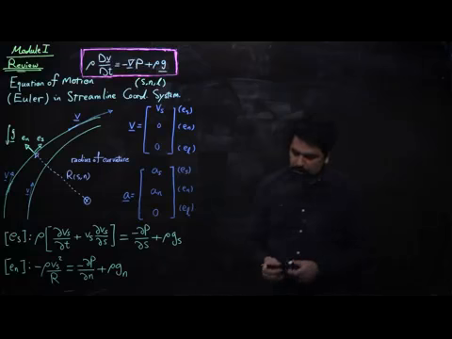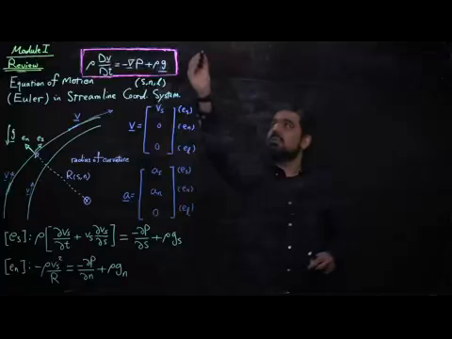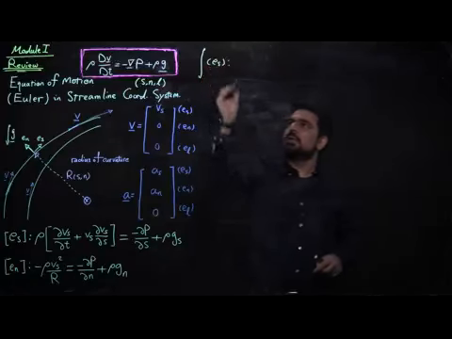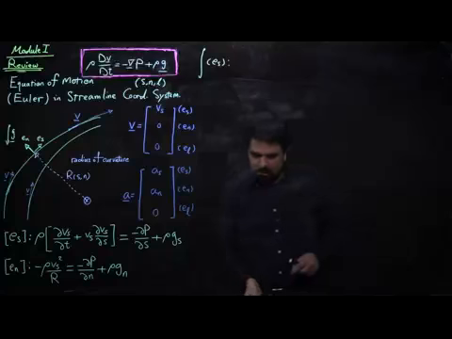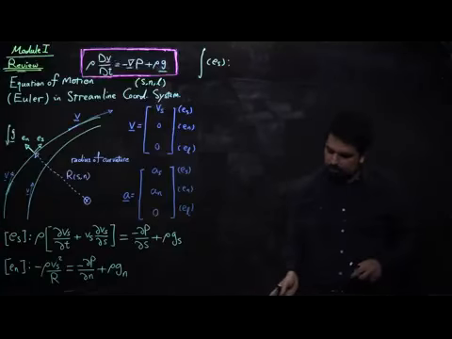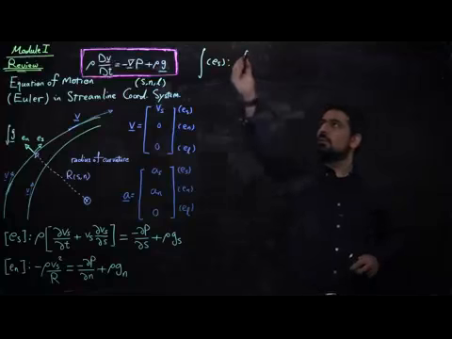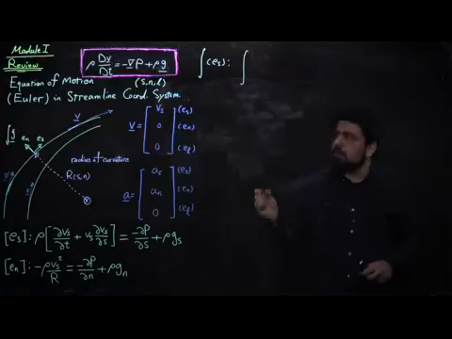We showed, if you remember, that we can actually integrate the ES component. So if you take the ES component and integrate that along the streamline from a point like S1 to a point S2, we showed that you get some interesting form, which is an expression such as this.